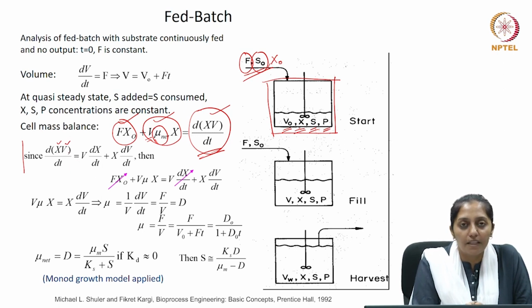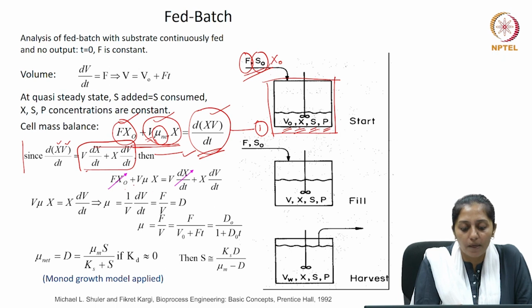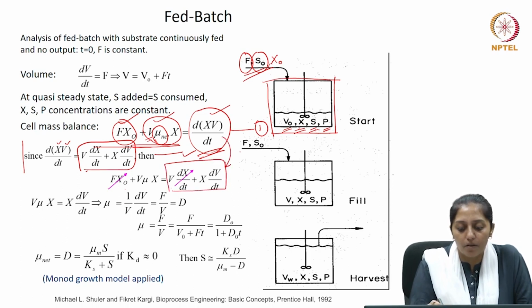Now, if you expand the differential, then you get V dX by dt plus X dV by dt. I hope this is clear now. Then, if you substitute this in the previous equation, it is copied: F x naught plus V mu x, and we have copied the second form in place of d(XV) by dt.